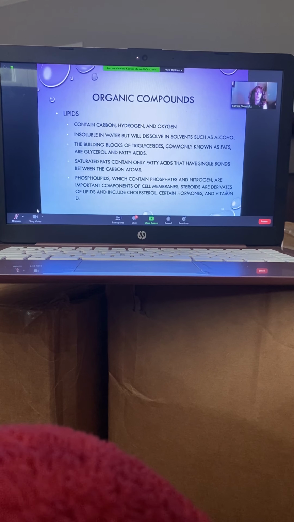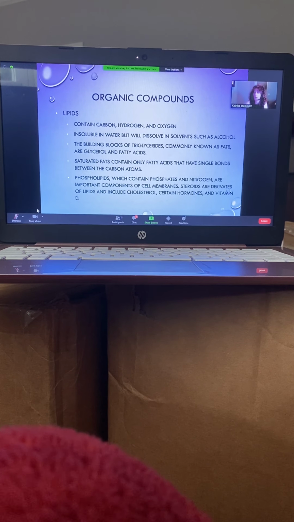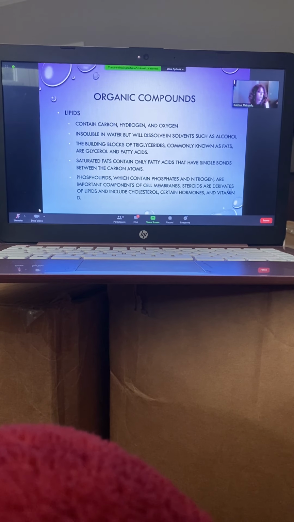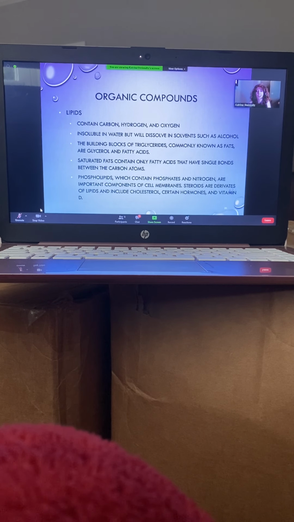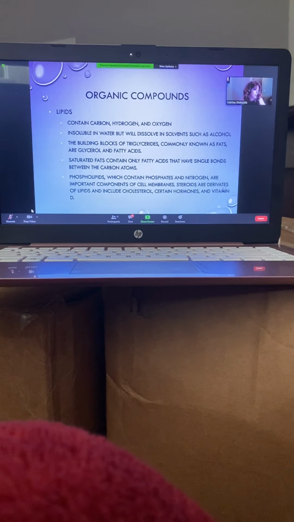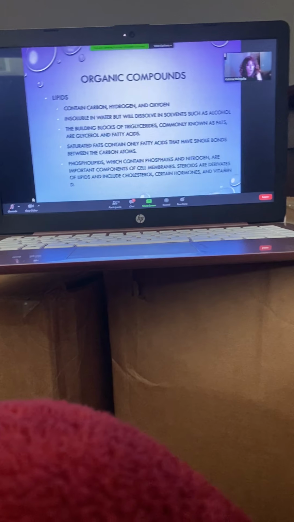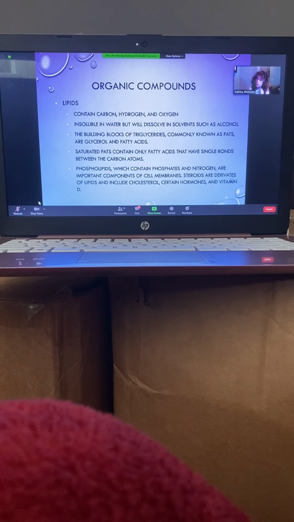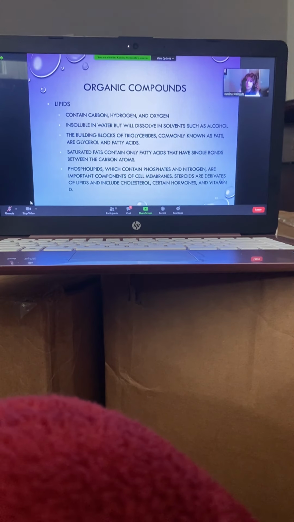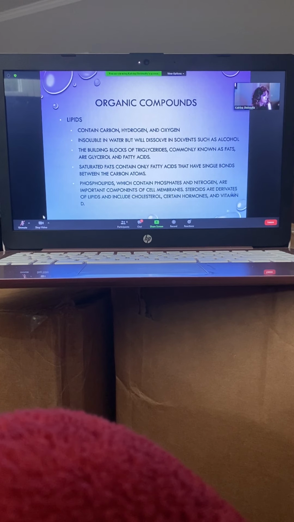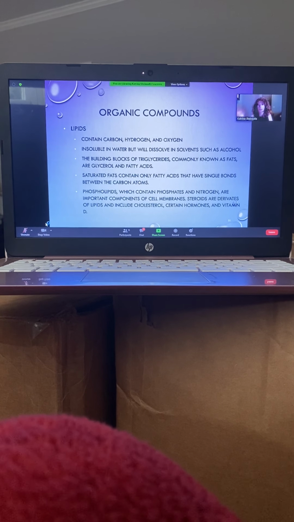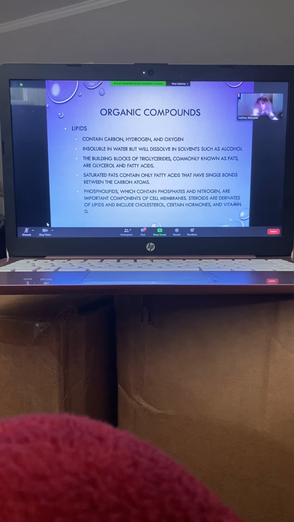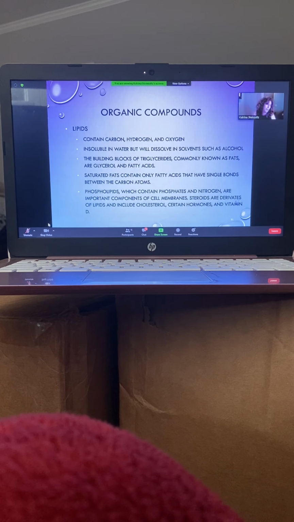We need cholesterol in our bodies to have our bodies work correctly. But we don't want too much of a good thing. We're starting to find out now that we may be a little bit wrong about our thinking on cholesterol. So maybe in 20 years from now, we'll be like, wait, never mind, cholesterol doesn't have anything to do with heart problems. You never know. We learn and evolve.